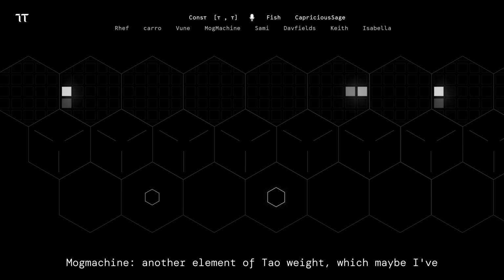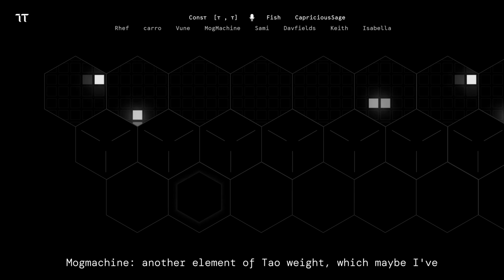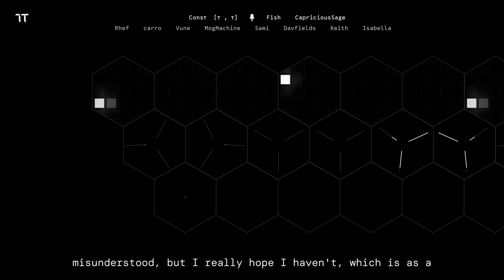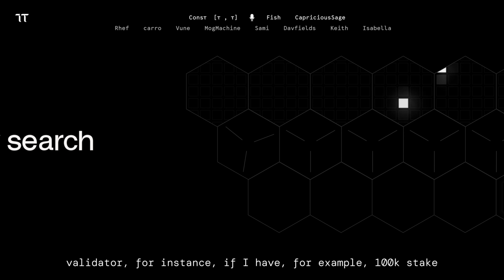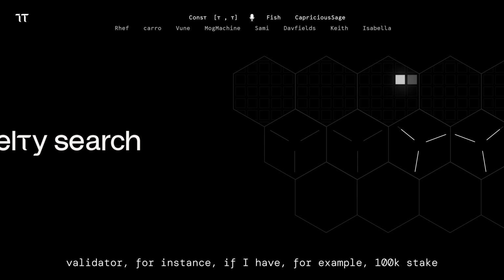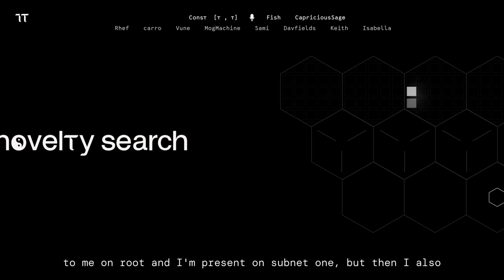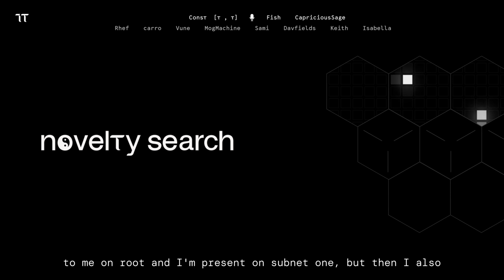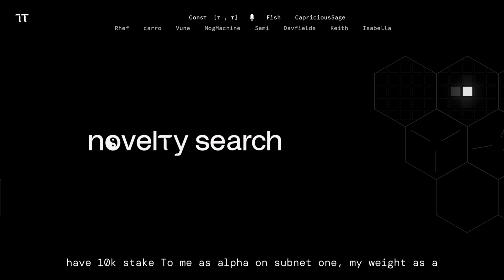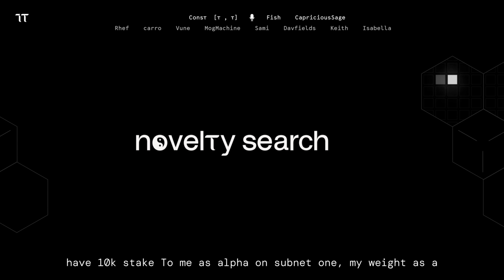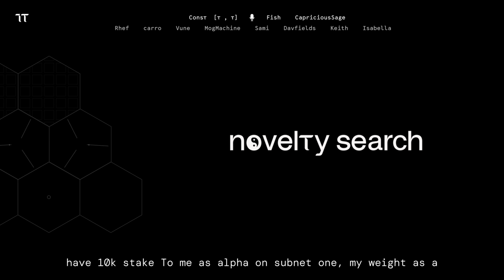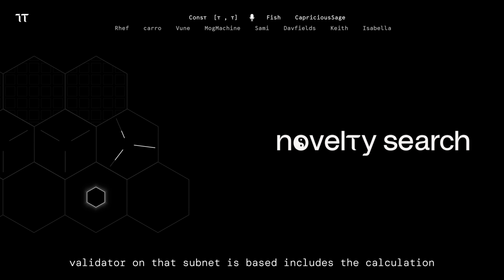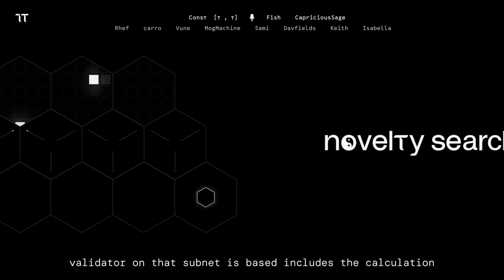Okay. There's another element of TAO weight, which maybe I've misunderstood, but I really hope I haven't, which is as a validator, for instance, if I have, for example, 100K staked to me on root and I'm present on subnet 1, but then I also have 10K staked to me as alpha on subnet 1, my weight as a validator on that subnet includes the calculation for TAO weight.